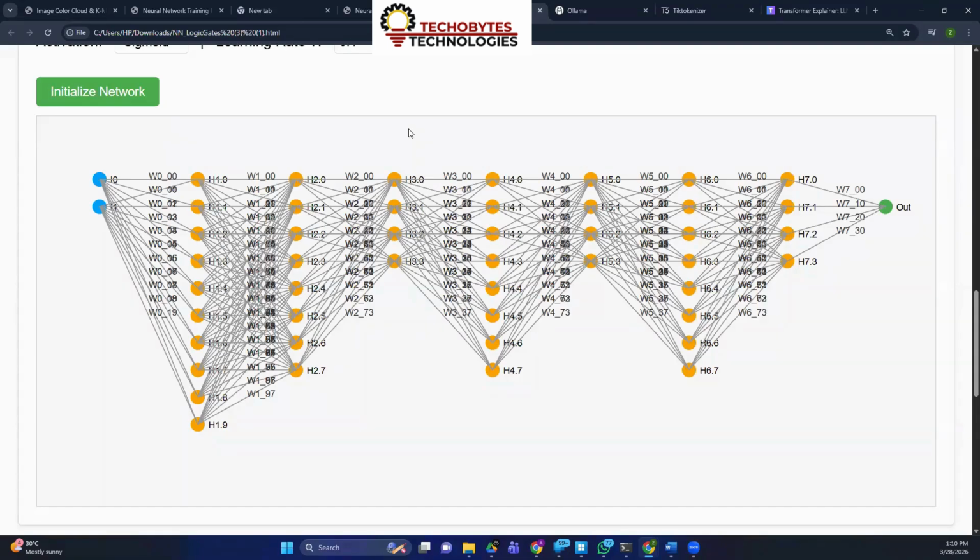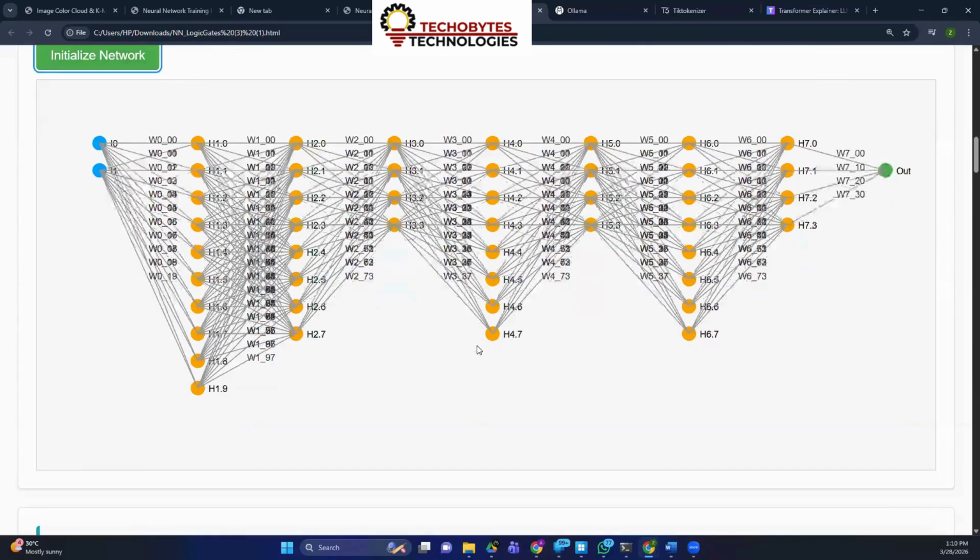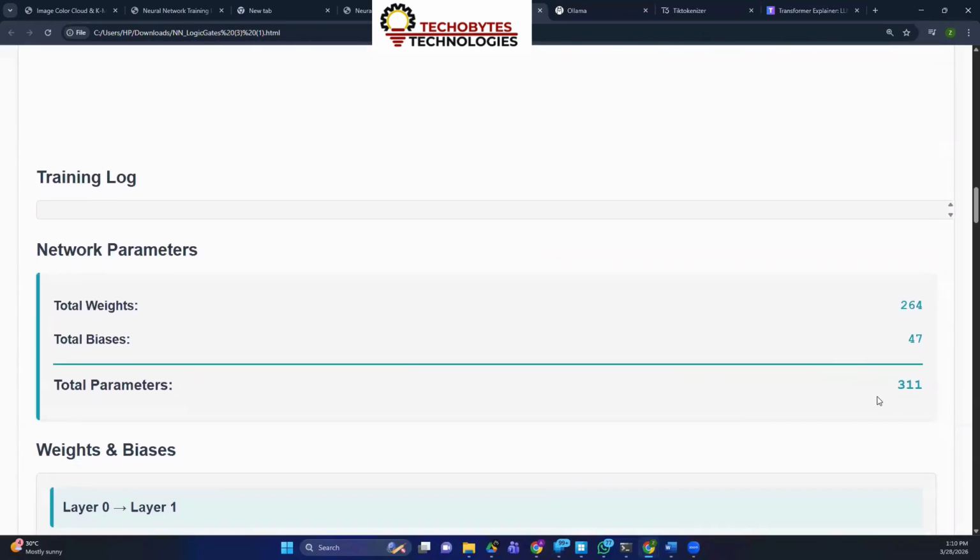Let's not really get into that. To visualize, I simply tried to show you this very small project. This network has only 311, and now you sit and dream about what would be a neural network model with 1,000 neurons or 1,000 weights, and then think about what 1 billion will be.